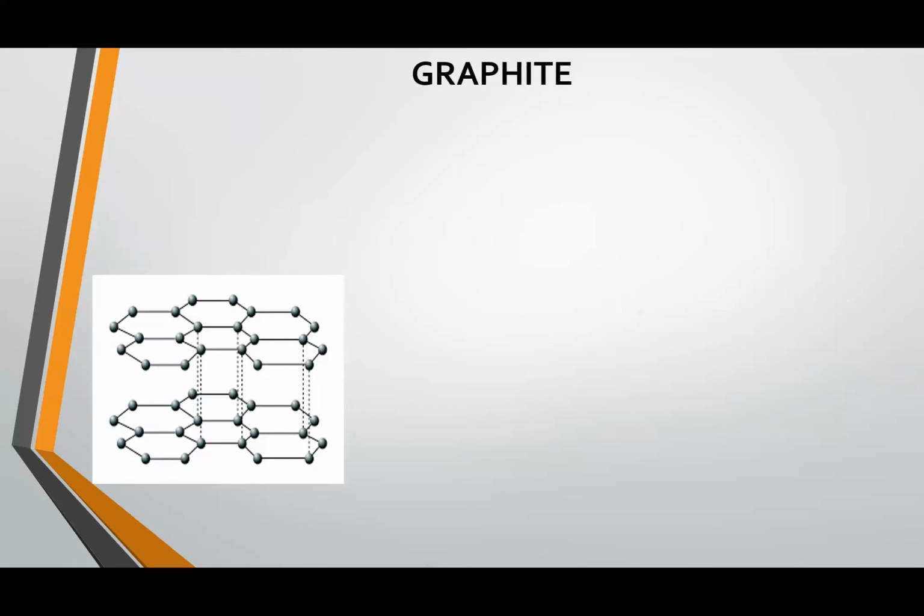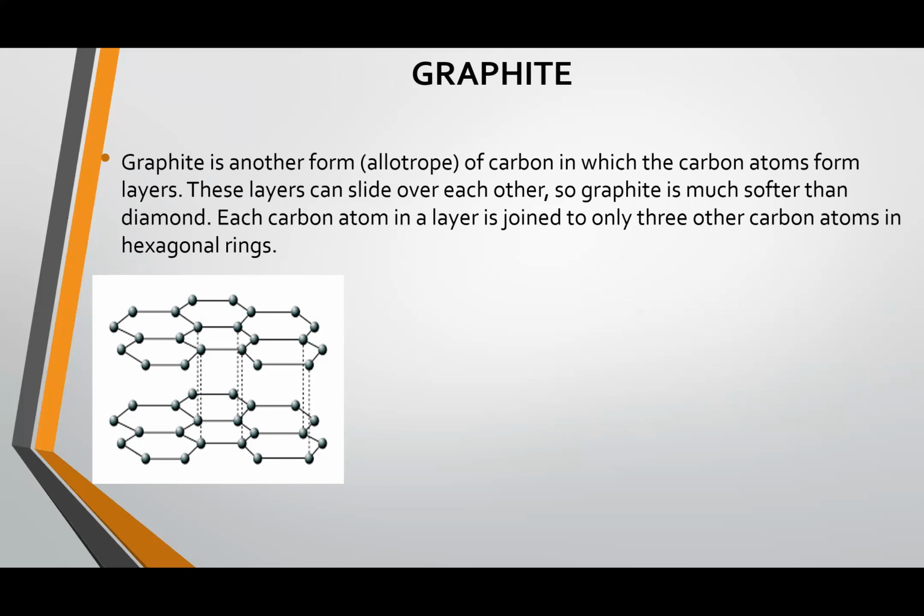What about graphite? Graphite is another allotrope of carbon, and contrary to the diamond we have just analyzed, each carbon atom is bonded to 3 other carbon atoms.